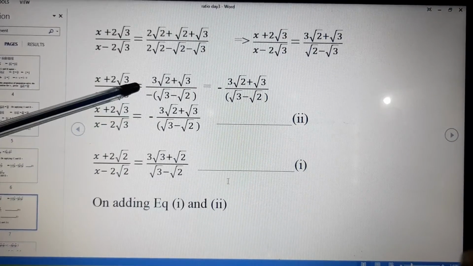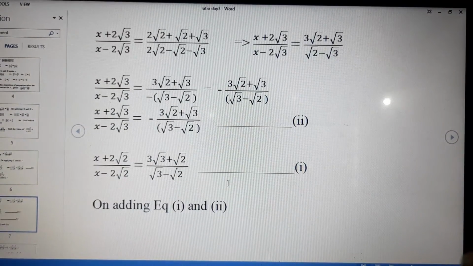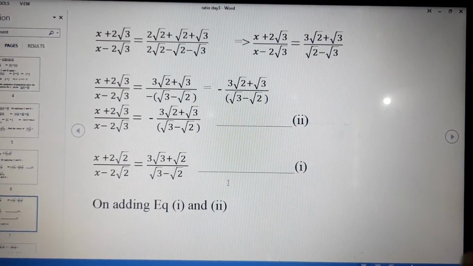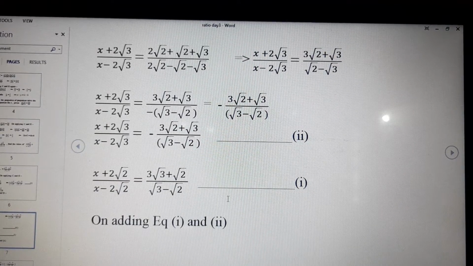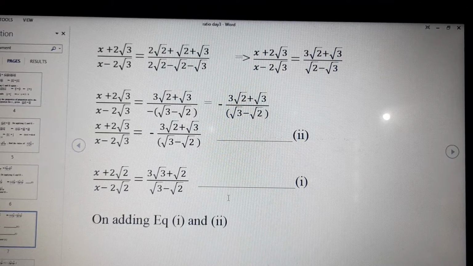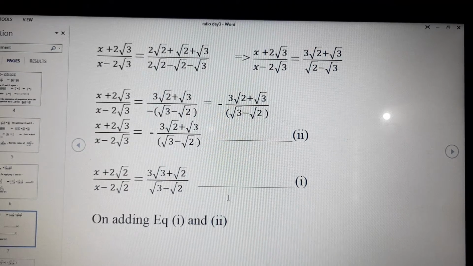This minus sign can be written here in between like this. Fine. So finally our equation number 2 becomes x plus 2 root 3 divided by x minus 2 root 3 is equal to minus 3 root 2 plus root 3 divided by root 3 minus root 2.